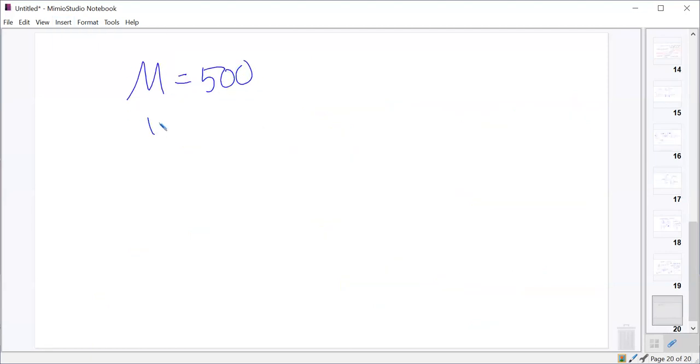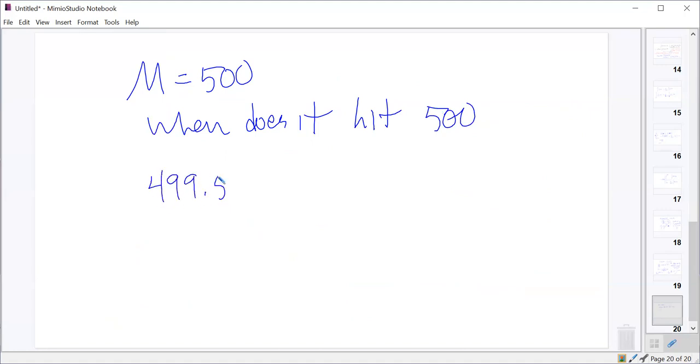If they ask you when does it hit 500, you will just do 499.5 equals your P of t equation that you figured out, not dP/dt. So you'll just do the half of a unit increment below that so that it rounds up to it. And then you'll solve for t within your P of t equation.